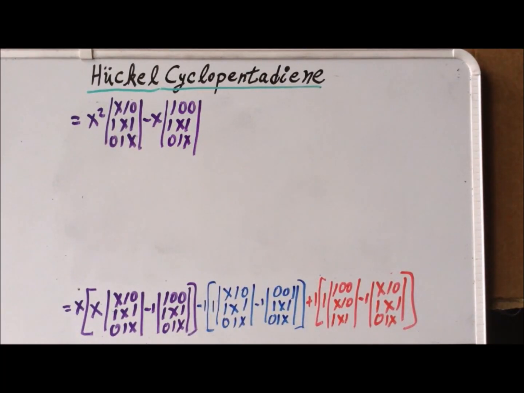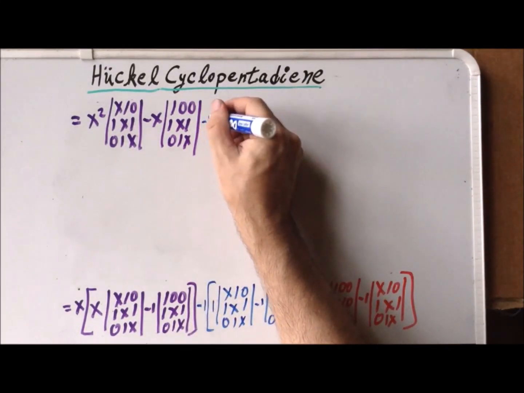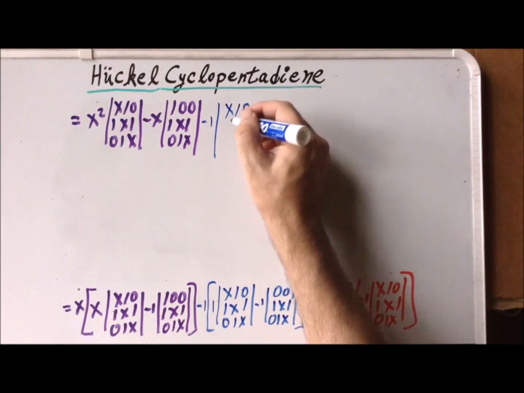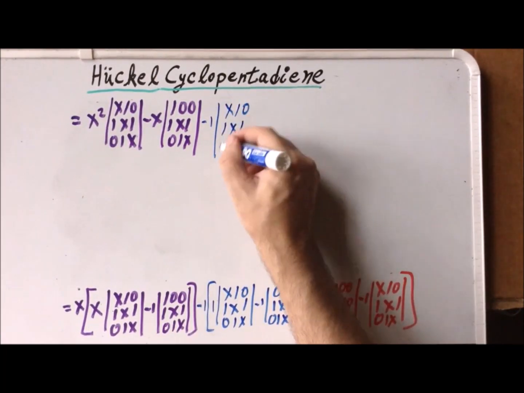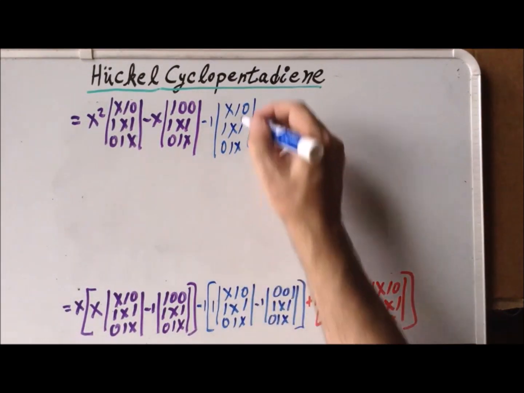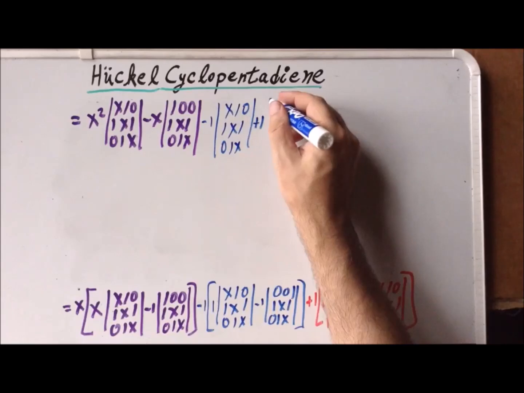Now for the blue terms, you want to distribute the minus 1, so that gives us 1 times. And now a minus 1 times a minus 1 is a plus 1, so we get a plus 1 coefficient.